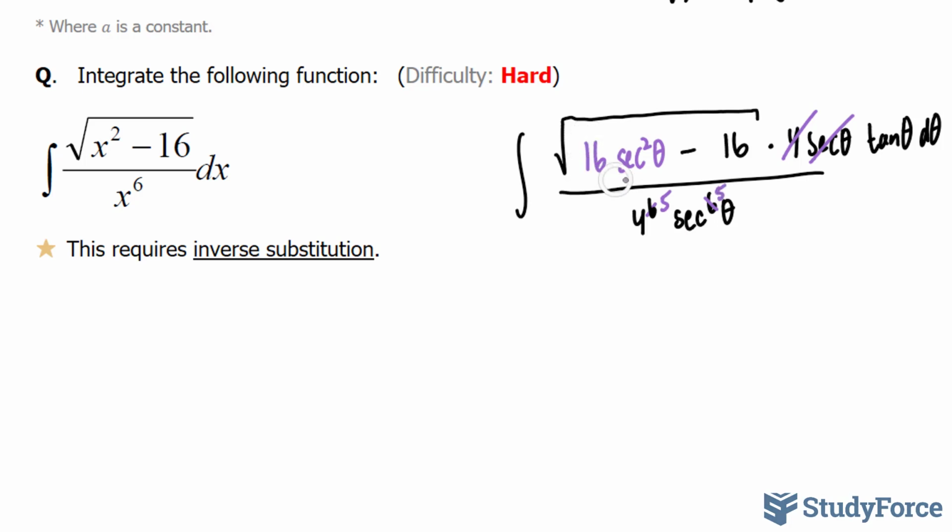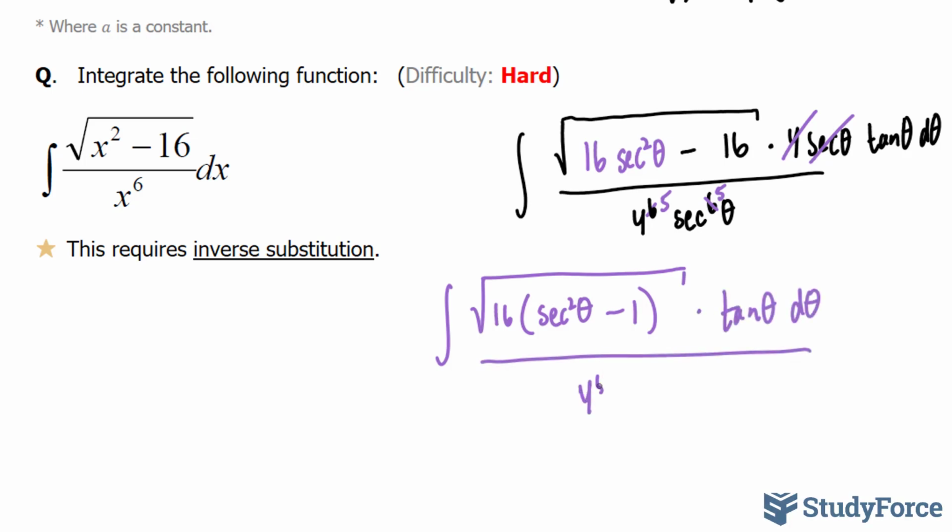Furthermore, I will factor out a 16 from the radicand shown here. The square root of 16 factored out, secant squared theta minus 1. I'm factoring out a 16 from this term and a 16 from that term, and that gives me secant squared theta minus 1. And we're left with 4 to the power of 5 secant to the power of 5 theta.